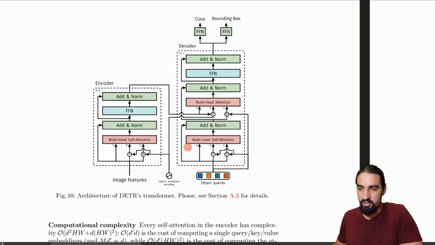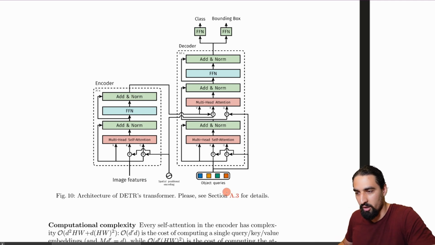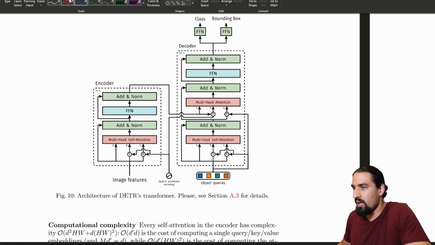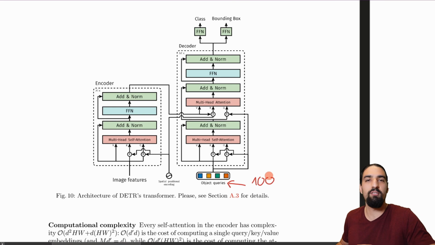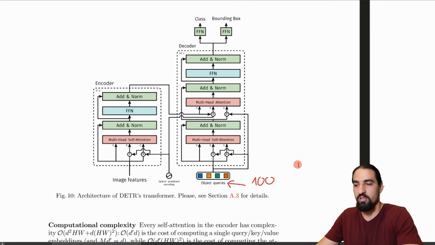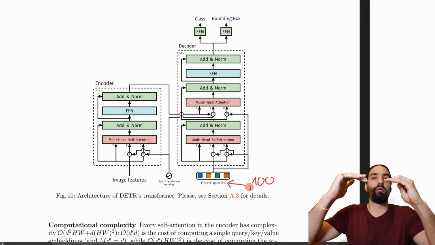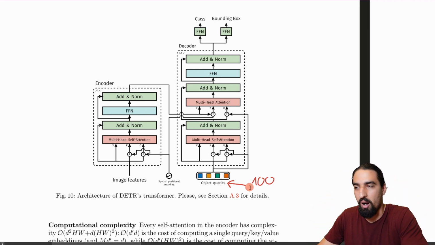And on the other hand side, we have this very interesting thing going on. So we have these, let me just change the color. We basically have these object queries, which are going to be 100 learnable embedding vectors. And it's 100 because, as I said, that's just a hyperparameter. And because we have 100, we'll also output 100 bounding boxes.